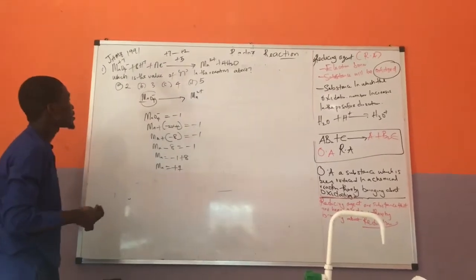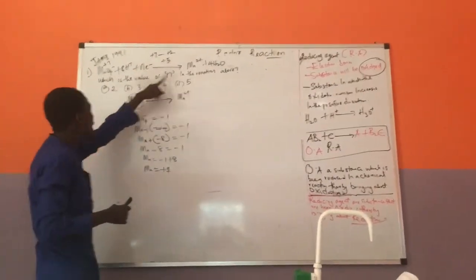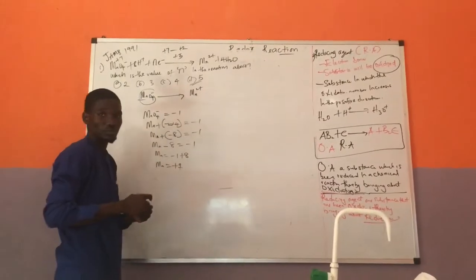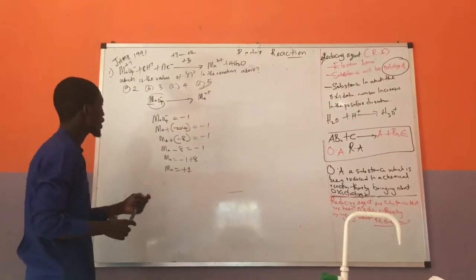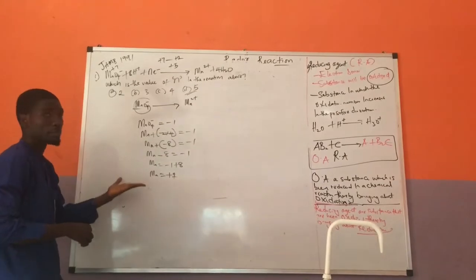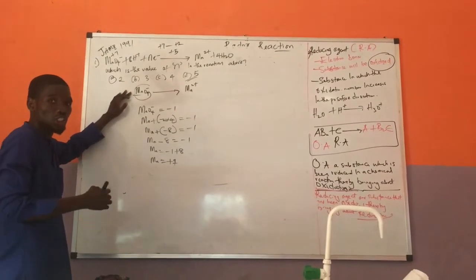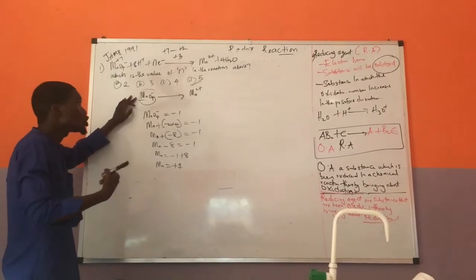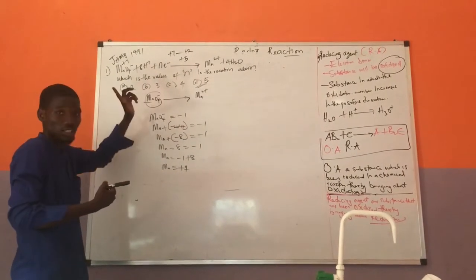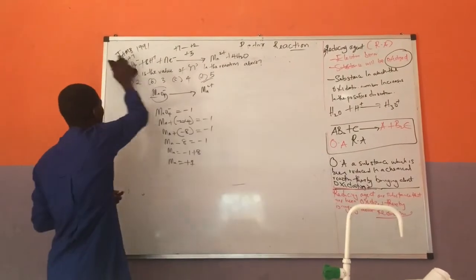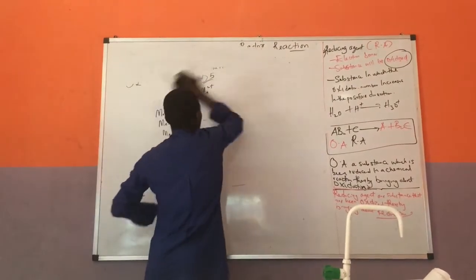So you can see that the value of n in the reaction above is 5. This is D. For you to have a clear picture about this, you should also watch the video which I dropped on oxidation number. Then you will be able to identify the charge that has been increased.